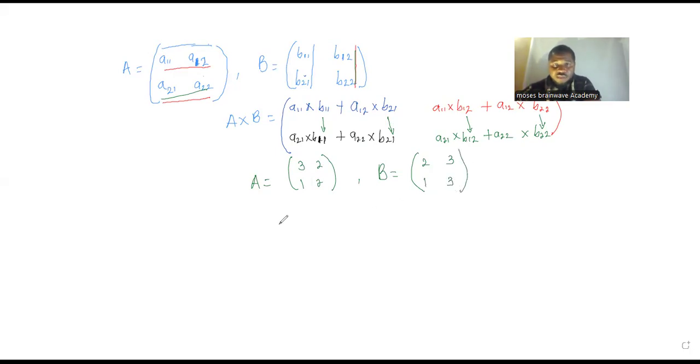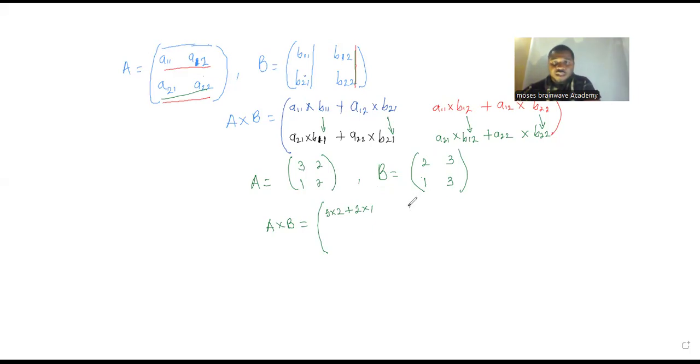Now, simply if we multiply A by B, what are we going to get? We're going to get 3 multiplied by 2, then plus 2 multiplied by 1, right? We're done with this part. We're looking for this element now, first row, second column. So I'm going to take first row multiplied by second column.